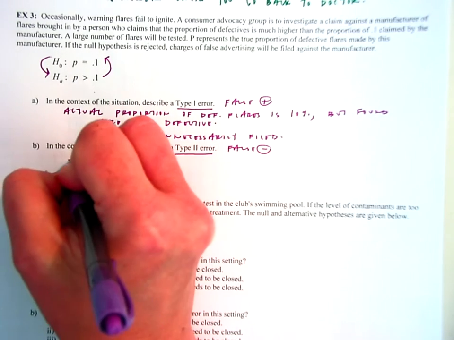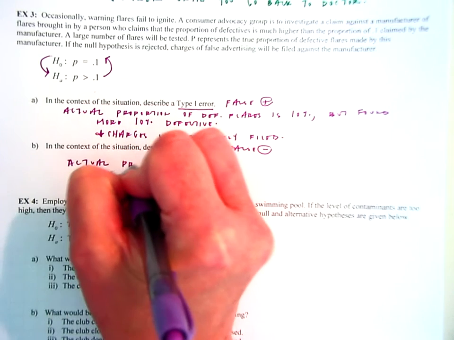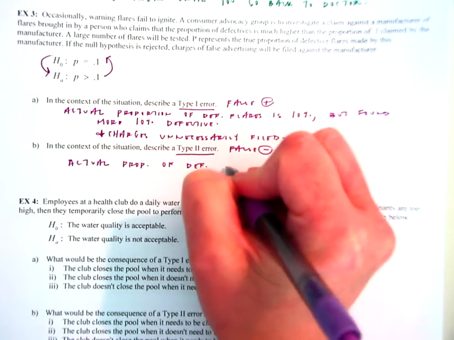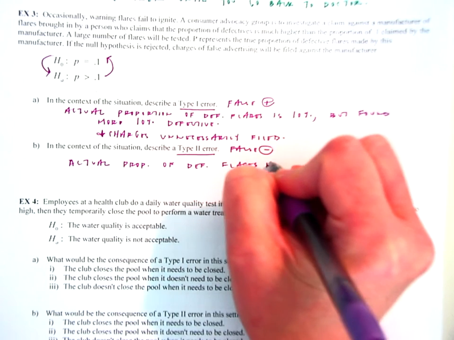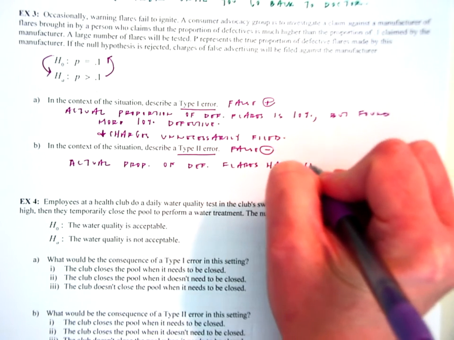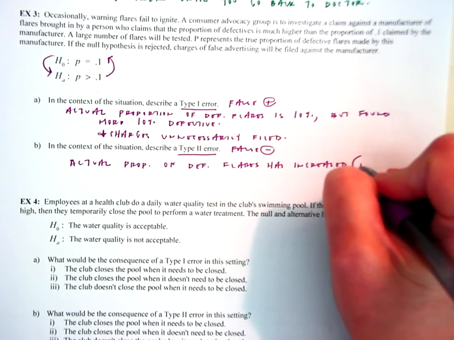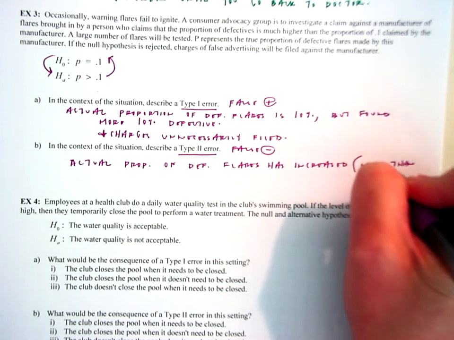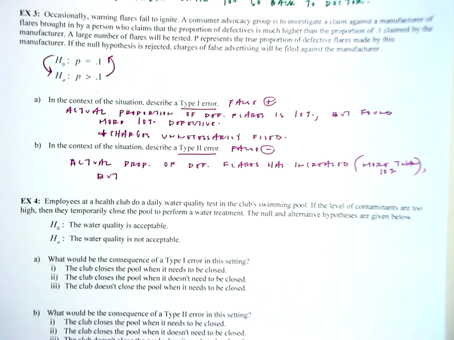So the actual proportion of defective flares has increased, more than 10%. But we mistakenly found that it was staying at 10%.